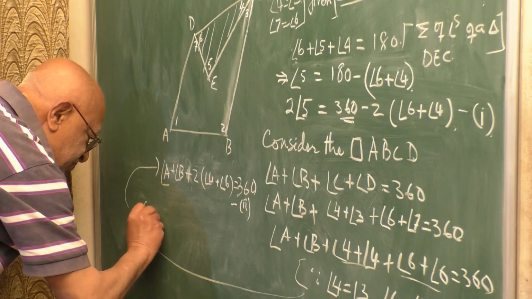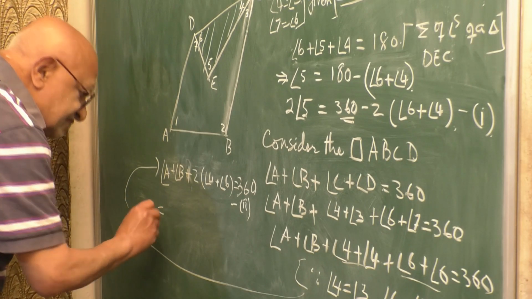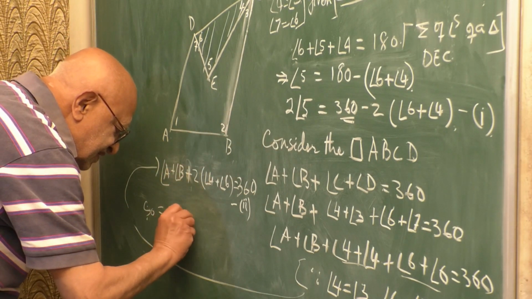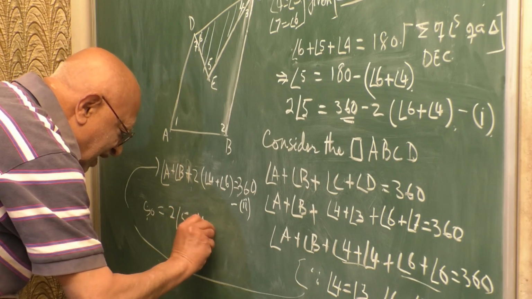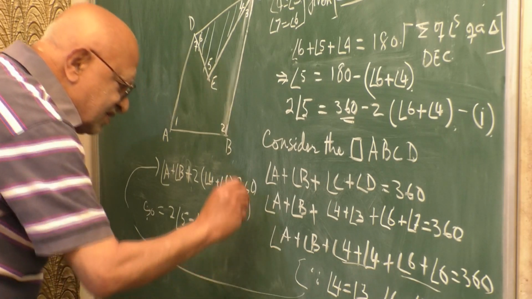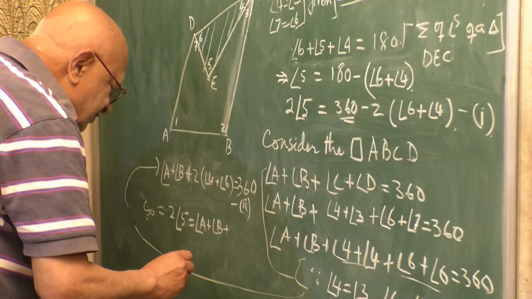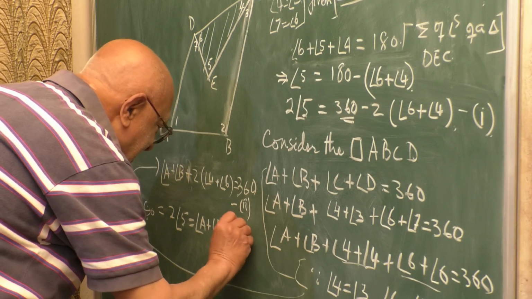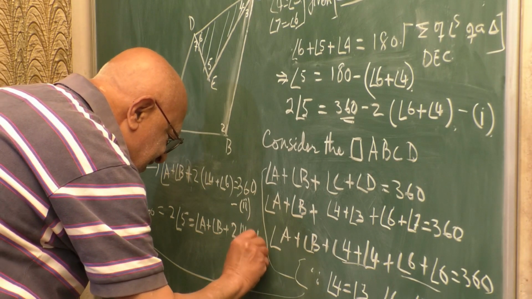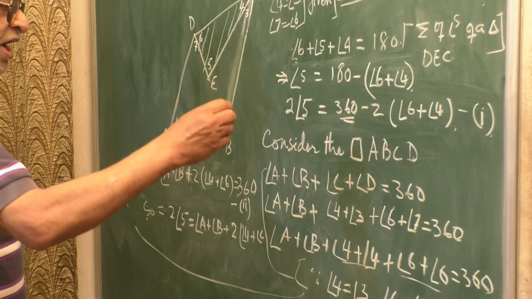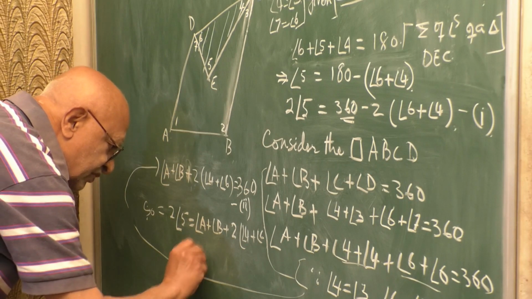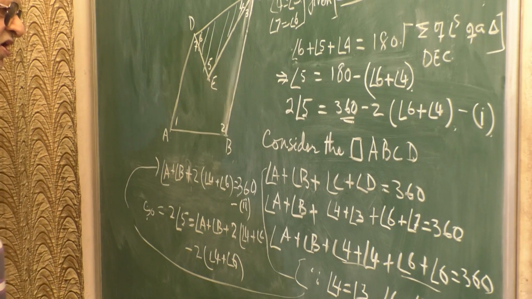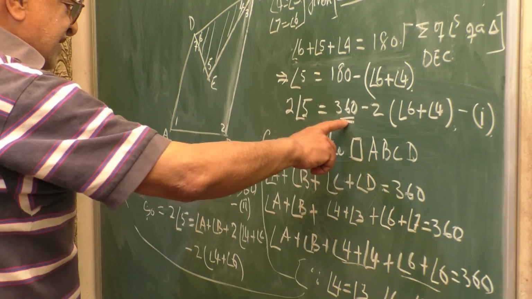So I can write 2 into angle 5 is equal to angle A plus angle B plus 2 into (angle 4 plus angle 6), minus 2 into (angle 4 plus angle 6), because that is what I am going to put in place of 360.